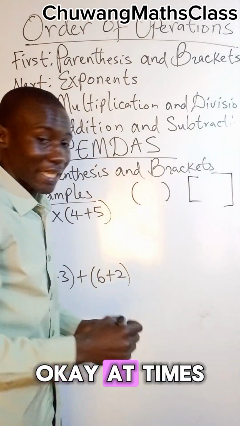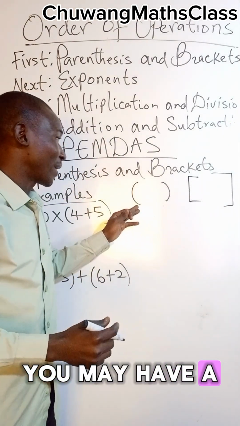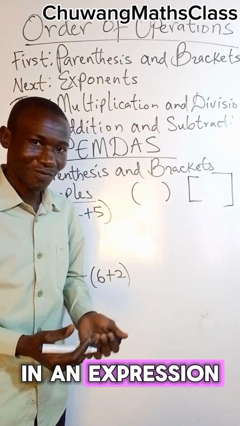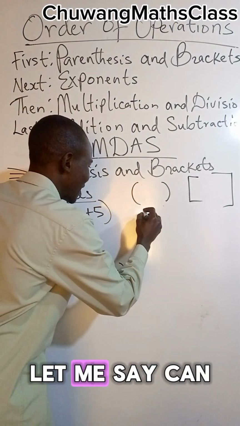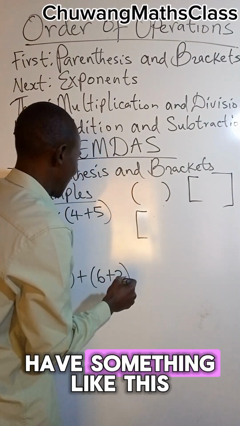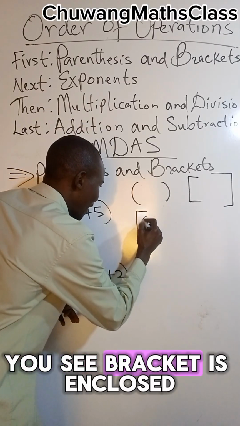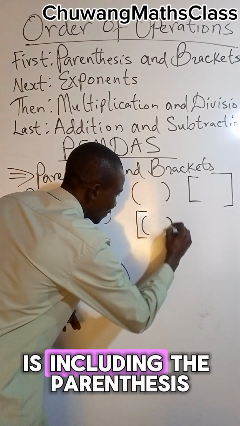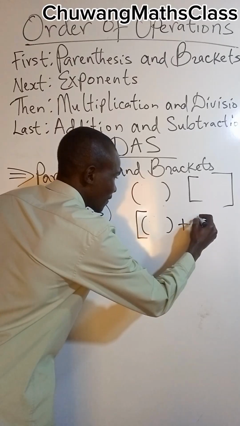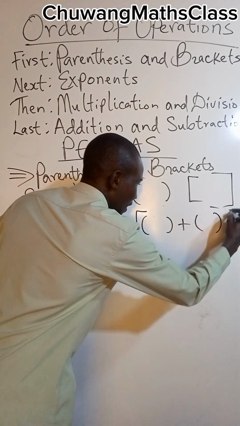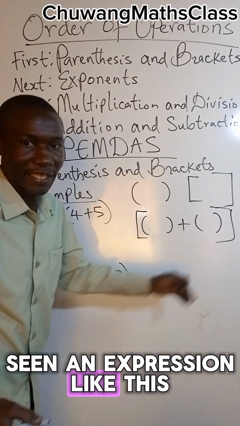At times you may have parenthesis and bracket in an expression. Something like this. You can have something like this. This is the bracket. See, bracket is enclosing the parenthesis. I hope you have seen an expression like this.